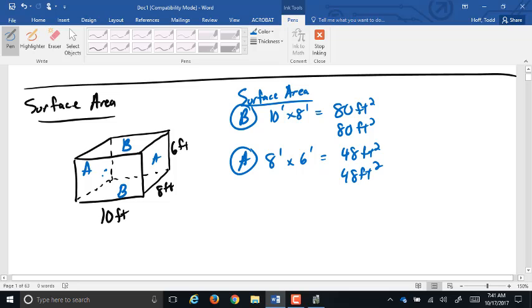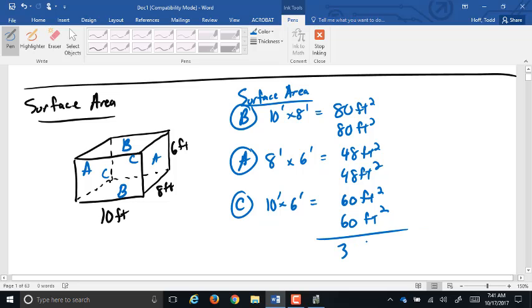Then, of course, you got the front and the back, C and C we'll call them, which are 10 by 6, or 60 square feet. We add that all up, we're going to get, what, 376 square feet, I believe. That is the surface area.